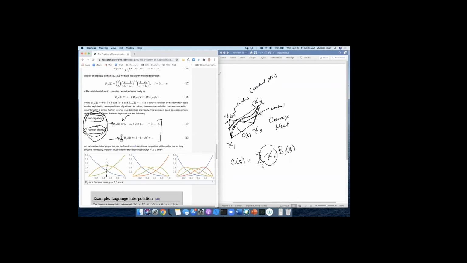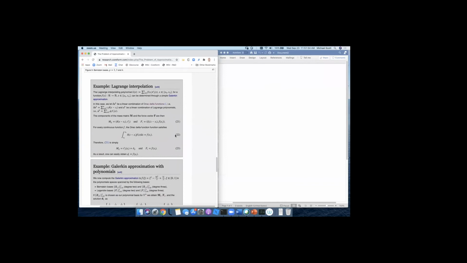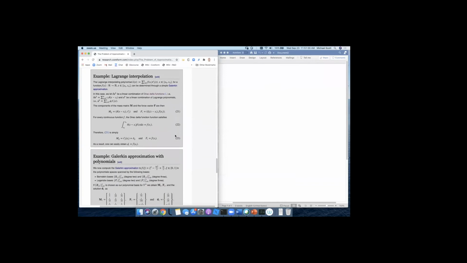Okay, so I want to move on now to finite elements in the next lecture. I'd like you to go through these examples in detail so that you can see. I actually did an example of Lagrange interpolation from a Galerkin point of view here, which should be instructive. And then we did Galerkin approximation with both the Bernstein and Legendre bases.